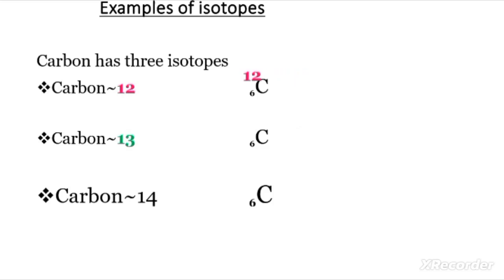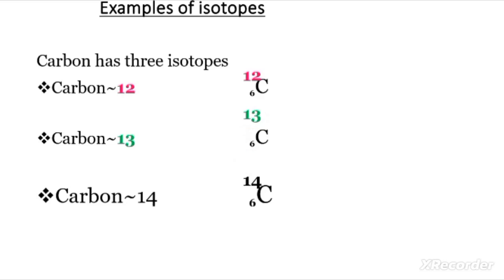So as we can see, these isotopes have the same proton number or same atomic number, but different mass numbers. Here we have 12, here we have 13, here we have 14.